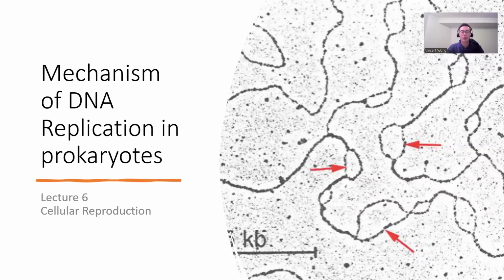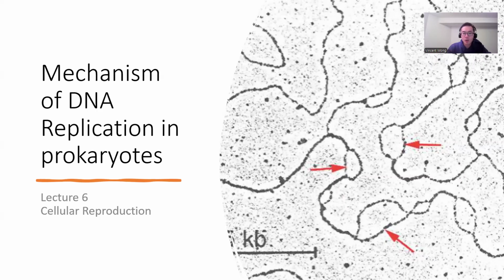Prokaryotes are like bacteria, and we are eukaryotes. The process for us is a little different in a few things, but for the most part it is quite similar. We will learn the process in prokaryotes first, and then I will tell you the differences between what happens to them and what happens in us.